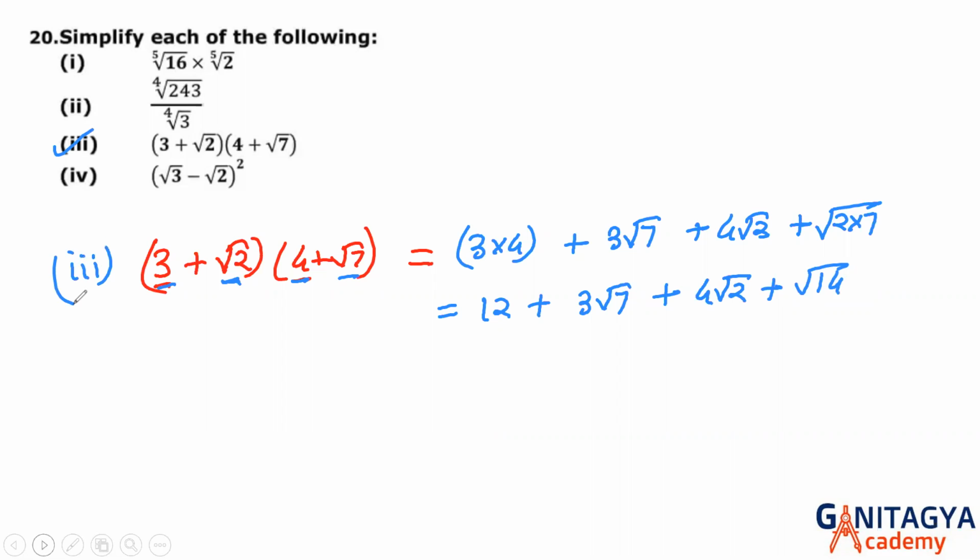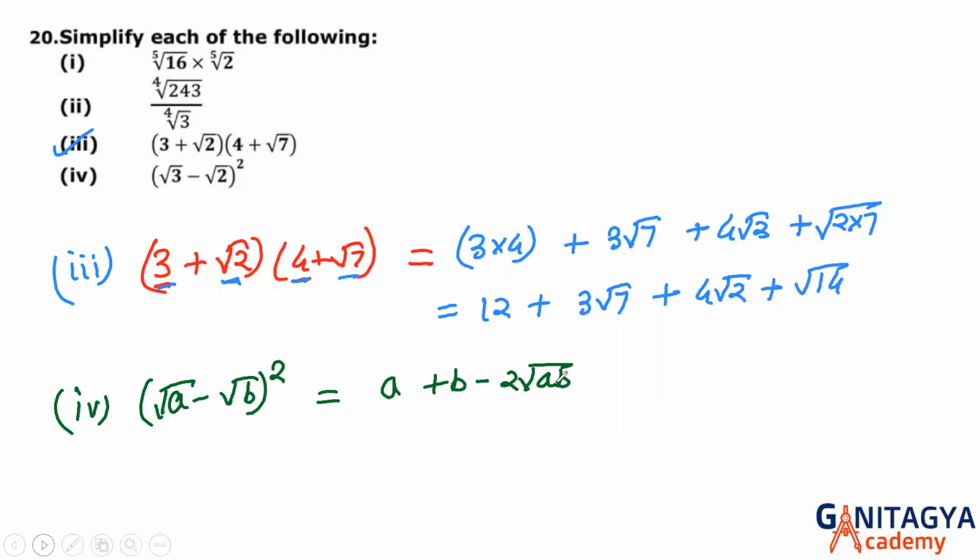And for the fourth, what I'll do, this is nothing but (√a − √b)². We have written a + b − 2√(ab), if you remember.